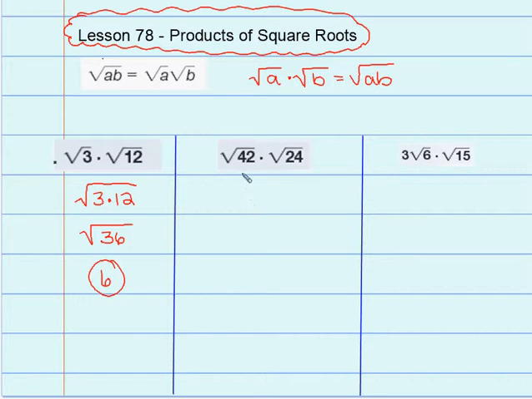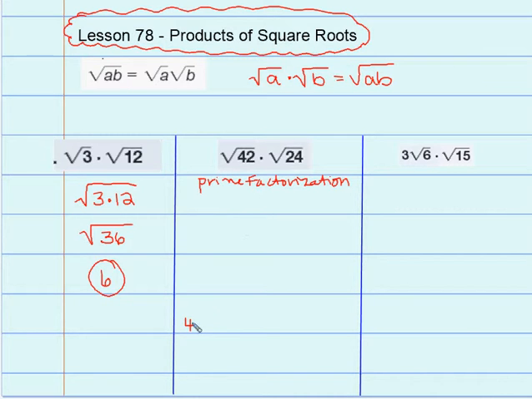So what I can do, though, is use prime factorization. Because if I can find the factors of 42 and of 24, maybe I can match some up so that I can take the square root of them and then put those numbers on the outside.